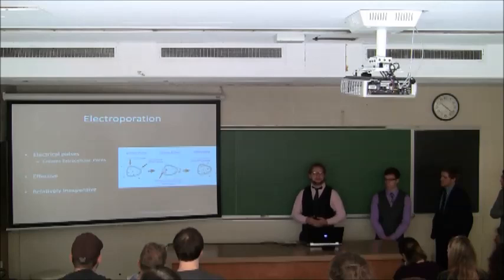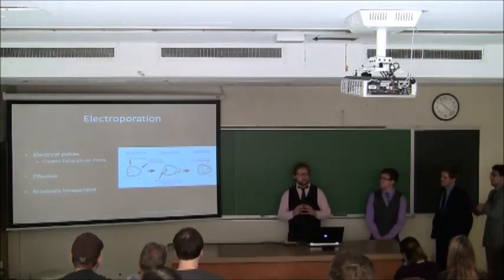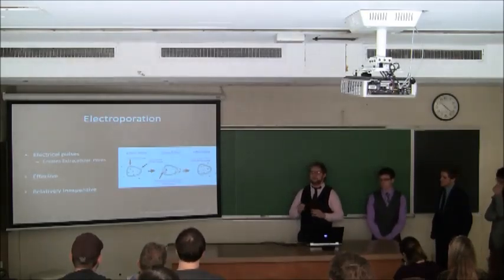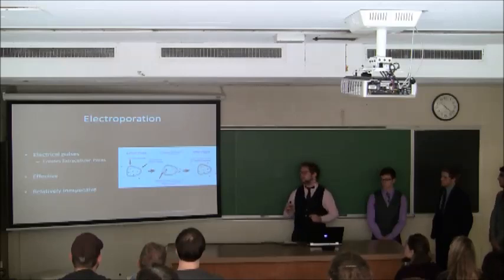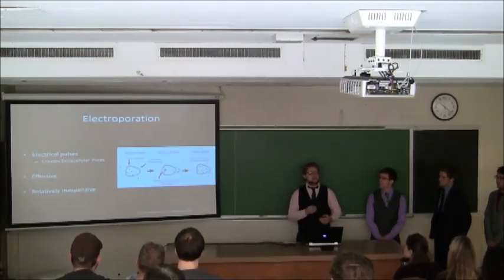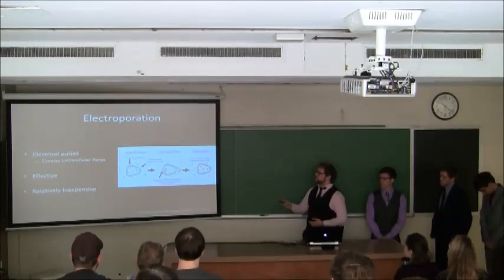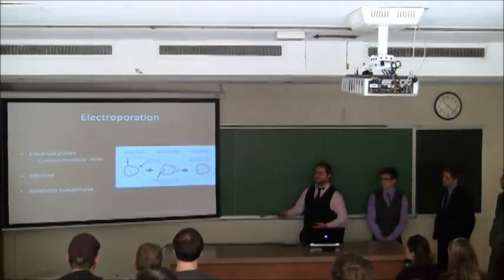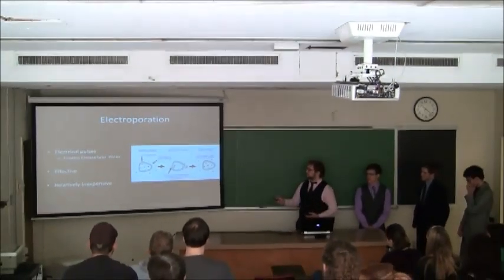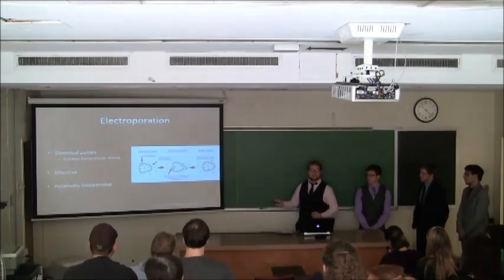Let's start with electroporation. This uses microelectric pulses to perforate the cell membrane. In doing this, it allows the DNA to slip through the cell membrane and be incorporated into the cell line. As you can see here, the cell is fully intact, but once we apply this electric field, it allows small pores to open up on the cell surface.